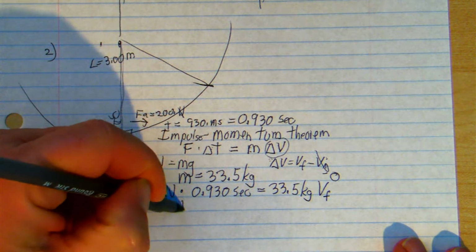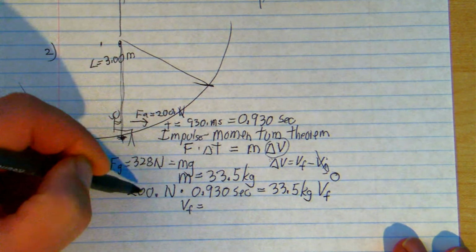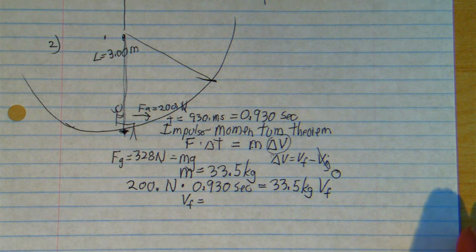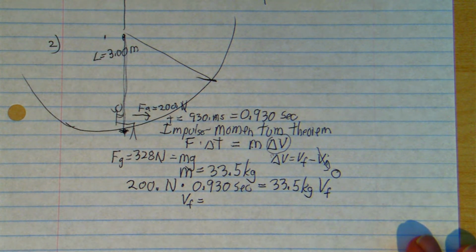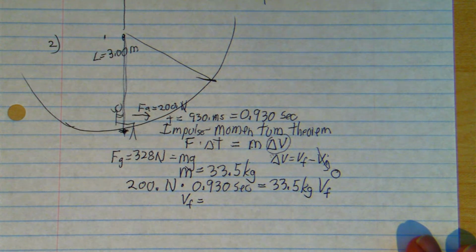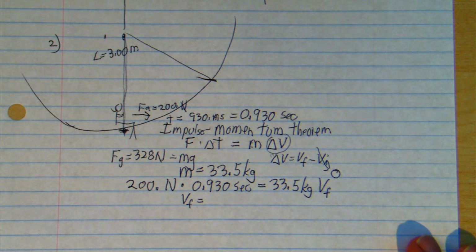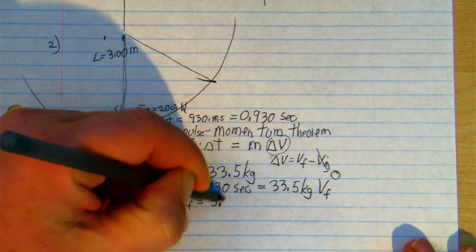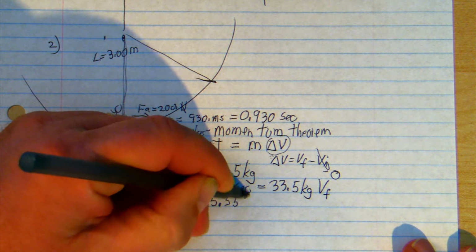I hope you can all see that I'm going to multiply, and then divide both sides by 33.5 kilograms. So I multiply 200 by 0.930. I then divide everything by 33.5 kilograms, and I get a final speed of 5.55 meters per second.